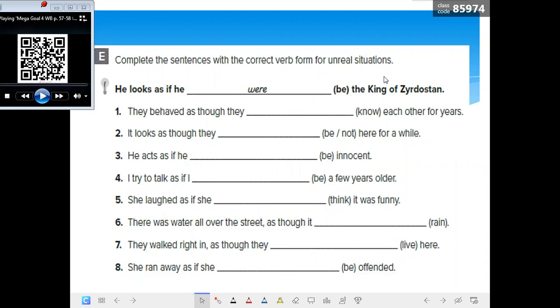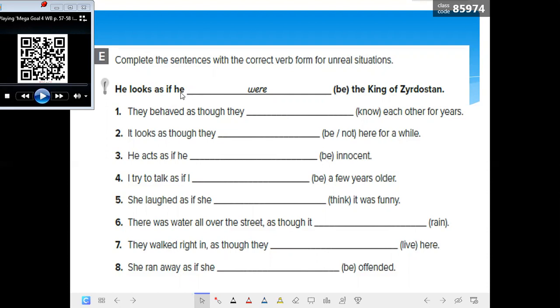Now I want you to look carefully at this example: he looks as if he were. As I told you, after as if we can use the past simple or the past perfect if we want to talk about unreal situations, after as if or as though.